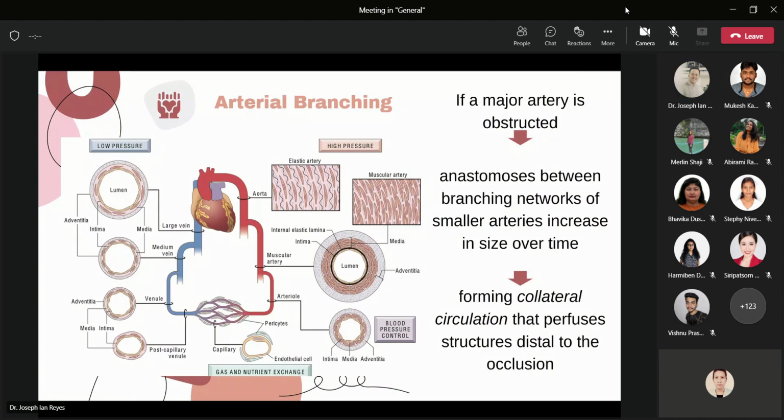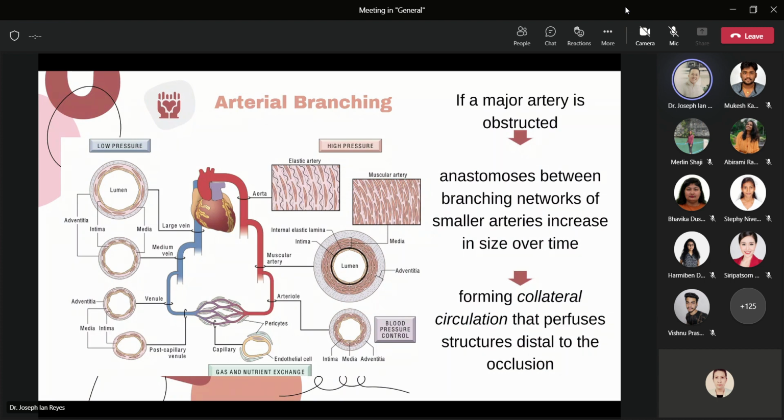All right. So, arterial branching. If a major artery is obstructed, what does the body do? It finds another way. So anastomosis would happen. Anastomosis between branching networks of smaller arteries increase in size over time. So even though there is a single supply of blood, there are still small anastomoses.